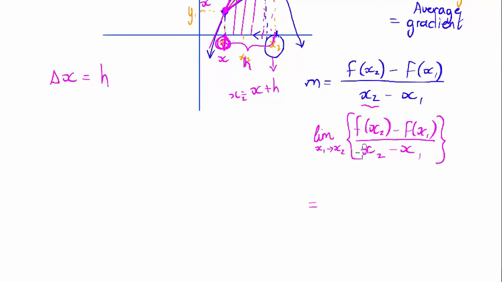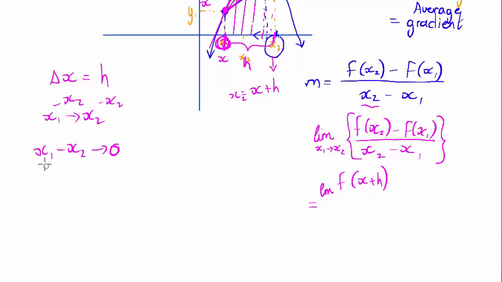First of all, x2 must be replaced with x plus h. Still the limit. If we say x1 tends to x2, what we're actually saying is that x1 minus x2 tends to 0. Does that make sense? It's almost like an equation. x1 tends to x2, so I just subtract x2 on both sides. That means x1 minus x2 is 0.